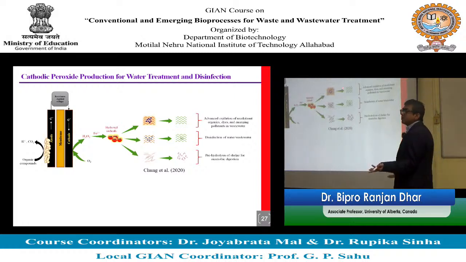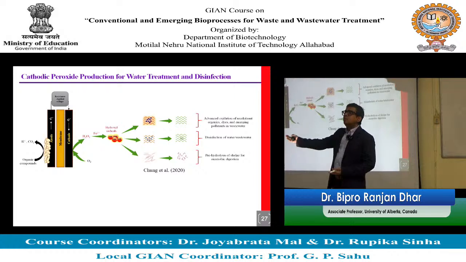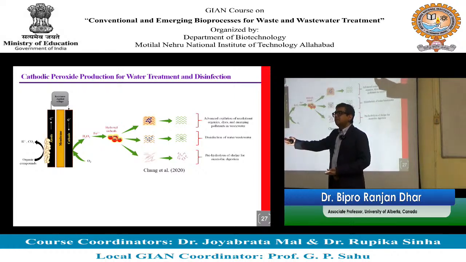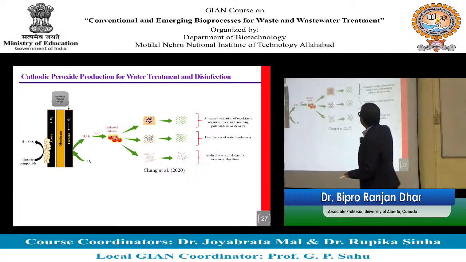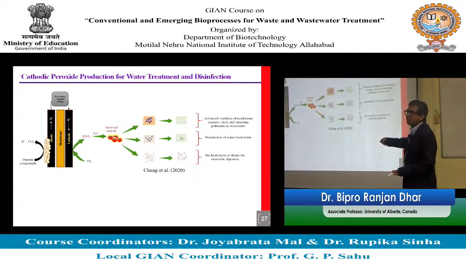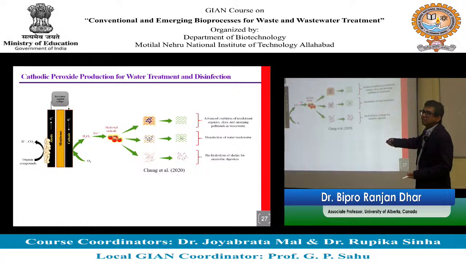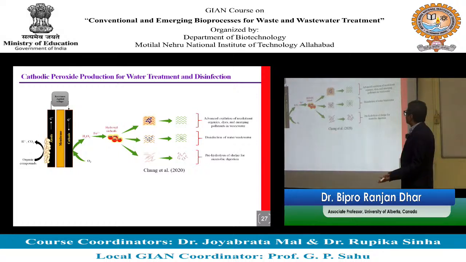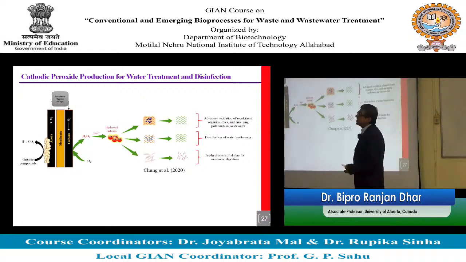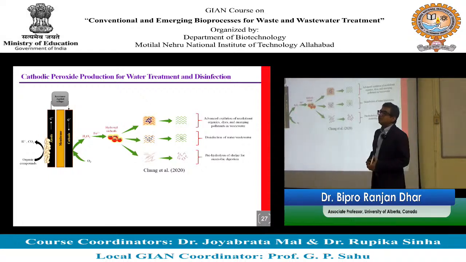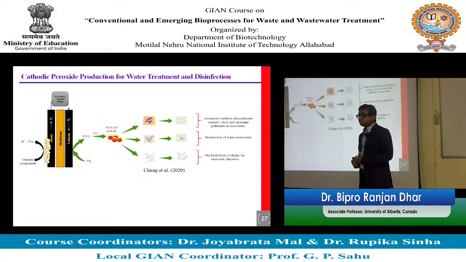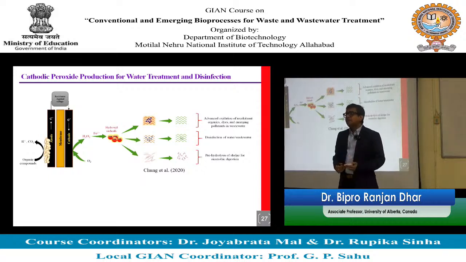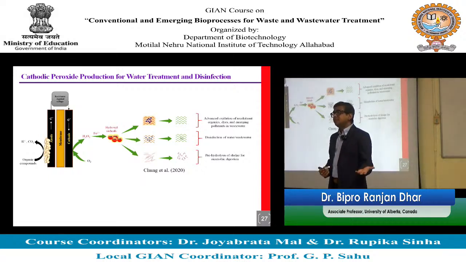For a wastewater treatment plant, what is the final step? Chlorination, disinfection, right? So we can even pump the final effluent to the cathode chamber and have disinfection there, in situ disinfection. Some researchers also demonstrated that in the anaerobic digestion process, hydrolysis can sometimes be rate limiting.